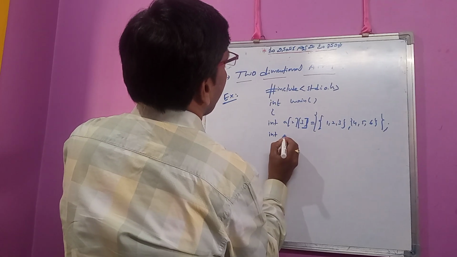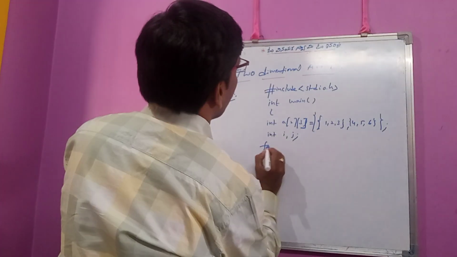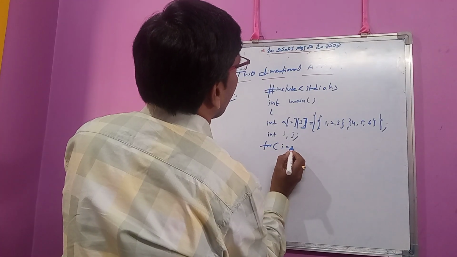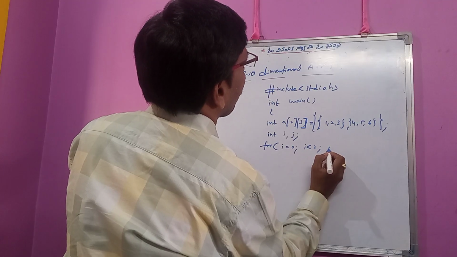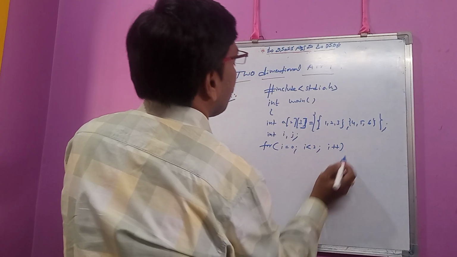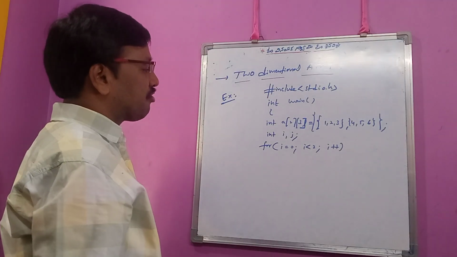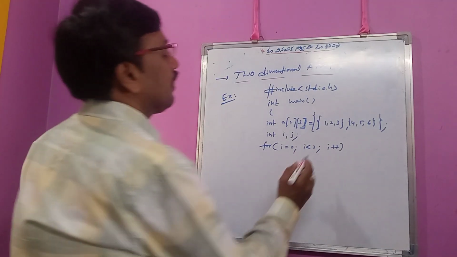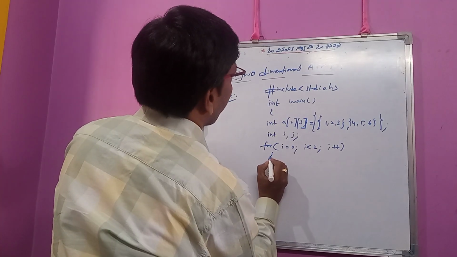Int i comma j is the variable declaration. Now using a for loop: i equal to 0, i less than 2, i plus plus. Here we have the 3 operations performed in a for loop: initialization, condition, and increment operators. Now open brace.